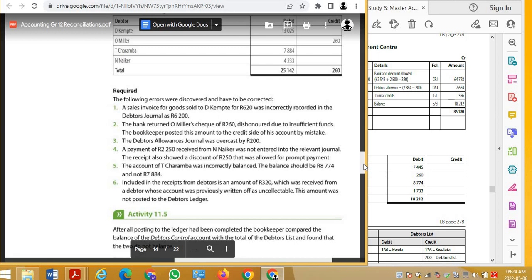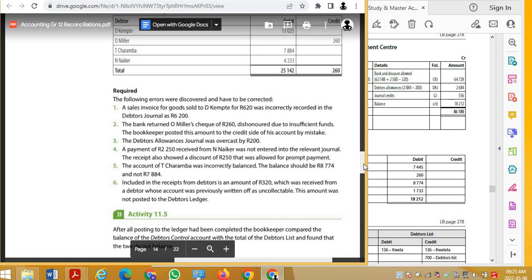Okay, that is our job. Let's have a look at each of these transactions, understanding where and how they need to affect the different things, either debtors control or the debtors list. Now, how do you know if something affects the debtors control account or the debtors list? Well, at the end of the day, a transaction starts its life in the debtors journal.